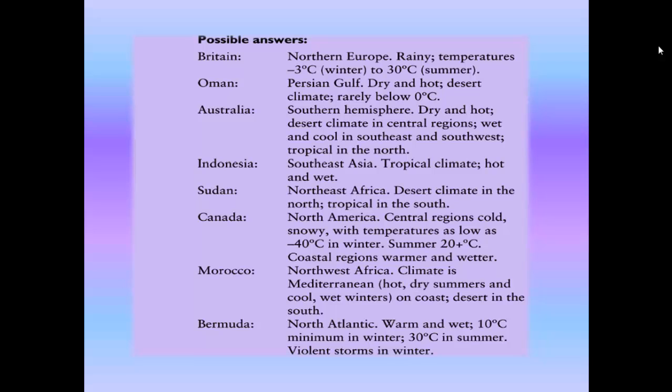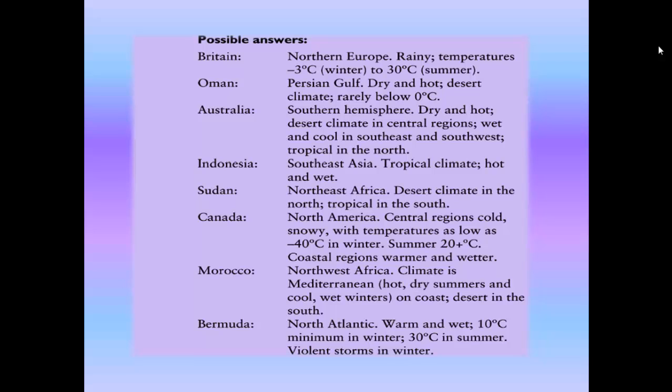Morocco is in the northwest of Africa, and the climate is Mediterranean, so it's hot and dry in summers and cool and wet in winters. On the coast, desert in the south. And finally we have Bermuda.